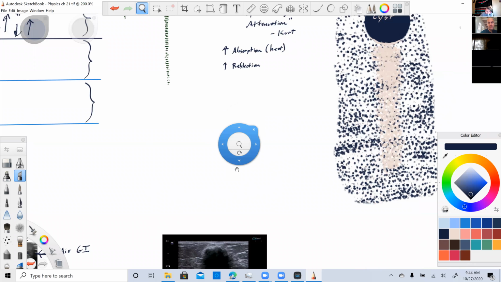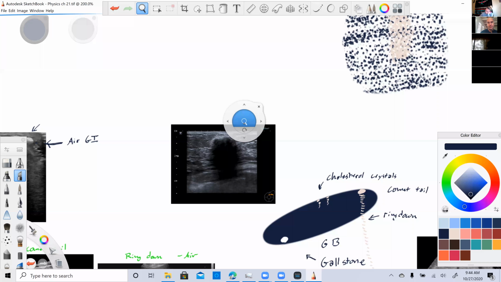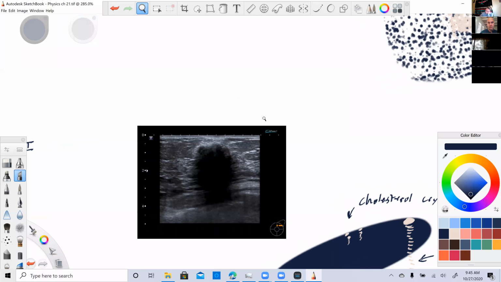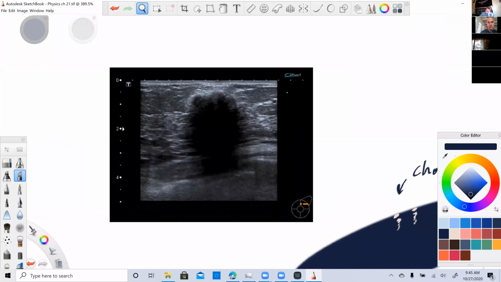So let's just come down to this first one. I mentioned the other day, breast ultrasounds. If you find a lump, we find lumps all the time in the breast. Most of them are actually not a problem, but sometimes we do get concerned. This one is very concerning. It has a pretty dark shadow. We don't like to see that.